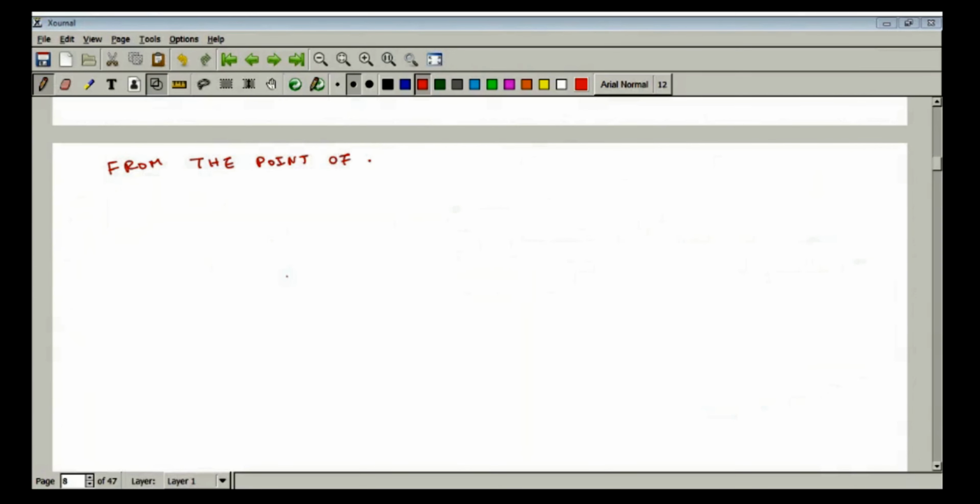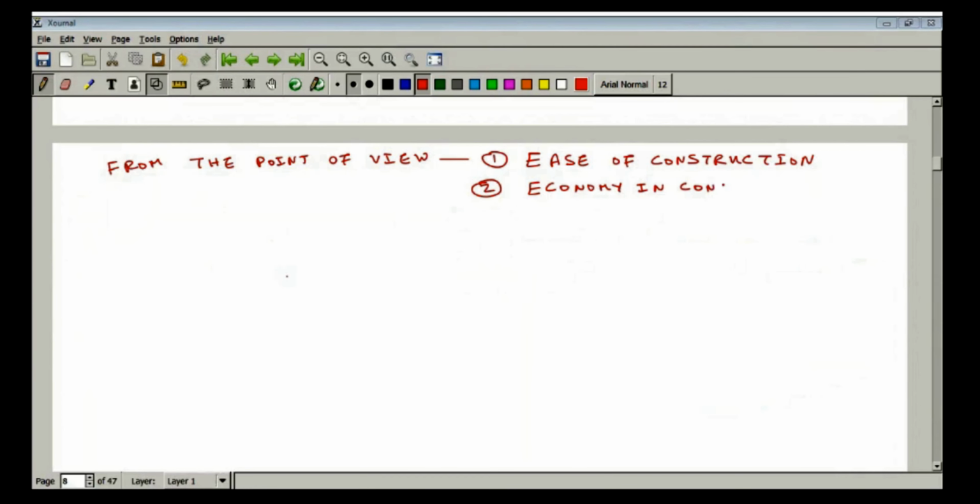Number one, ease of construction. Another is economy in construction.